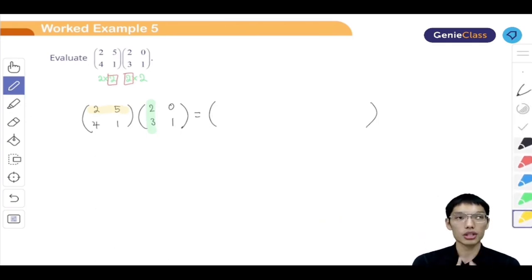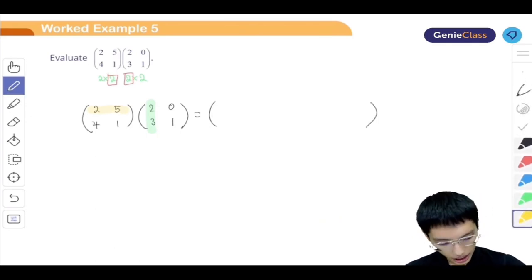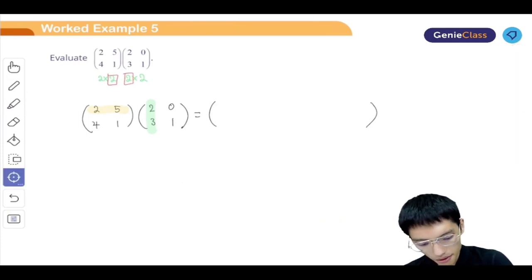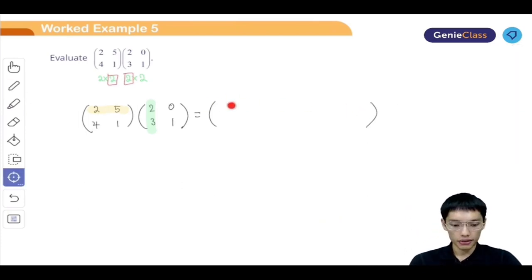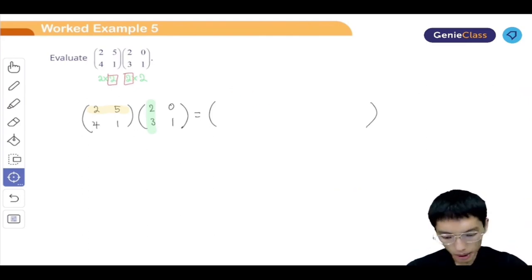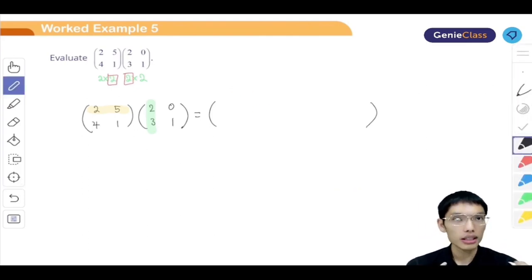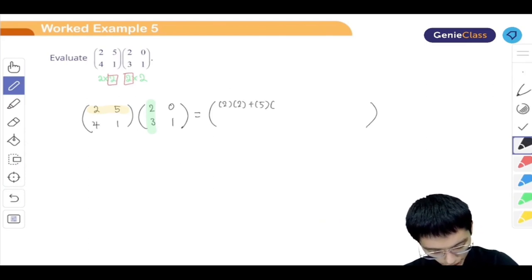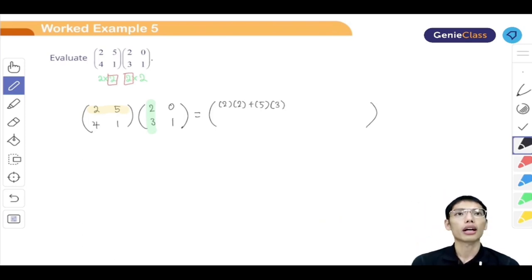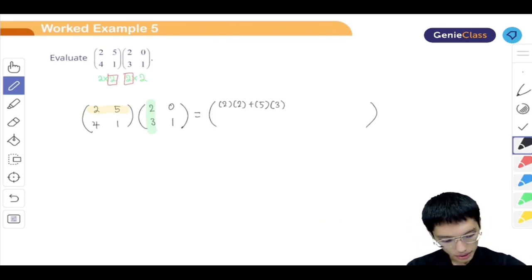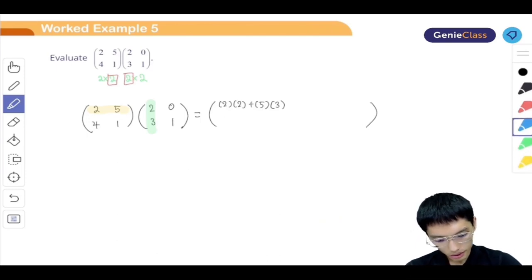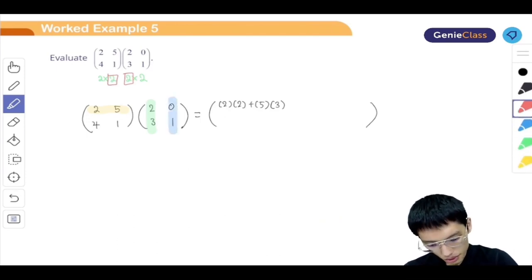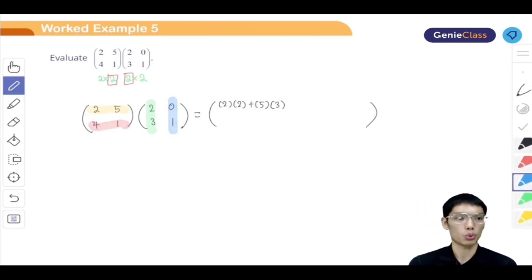It's going to be at the first row, first column of the particular matrix. So when I multiply, if you want to write down the working with me, 2 by 2 plus 5 by 3. It's going to be long. Next up, if you follow the same thing, color code again, yellow with blue.